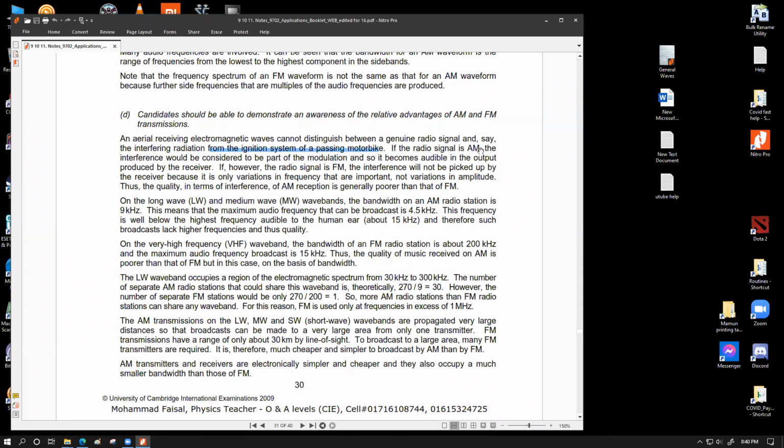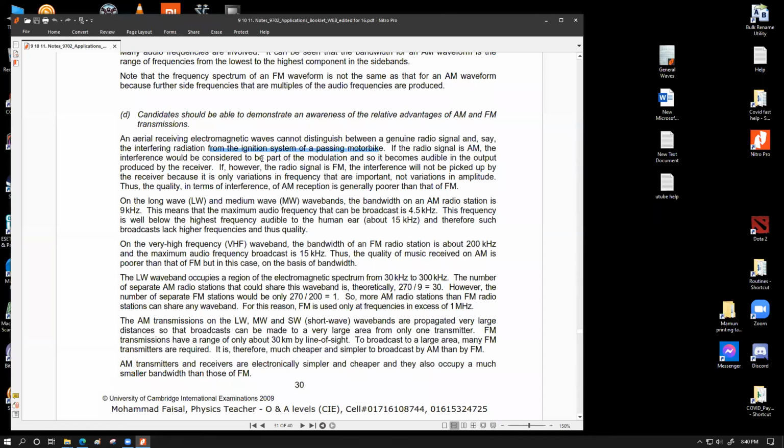If the radio signal is AM, the interference would be considered to be part of the modulation. What this means is that as the sound travels from one location to another, along the way it can be interfered with by a lot of sounds, like the motorbike ignition system or other sources that produce a similar frequency to that carrier signal.